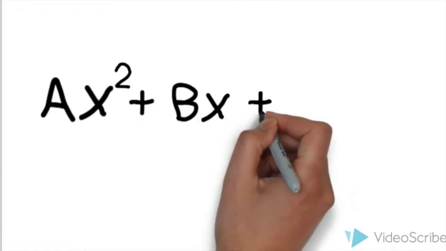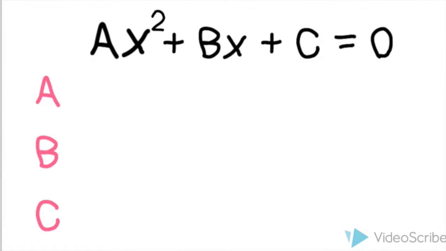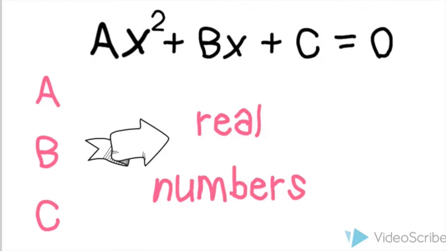Before we show you examples, we must first show you the basic rules of factoring. For a polynomial given by ax squared plus bx plus c equals 0, where a, b, and c are all real numbers, you must find two numbers that have the product equal to c and a sum equal to b.